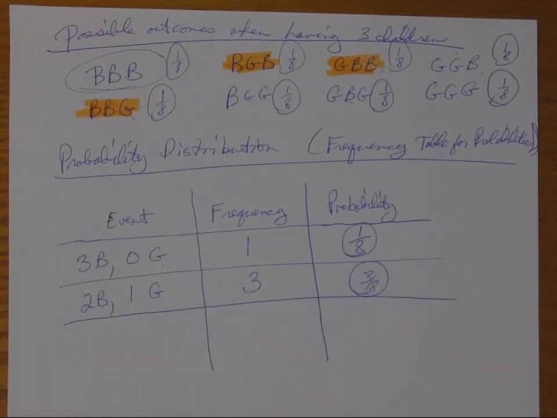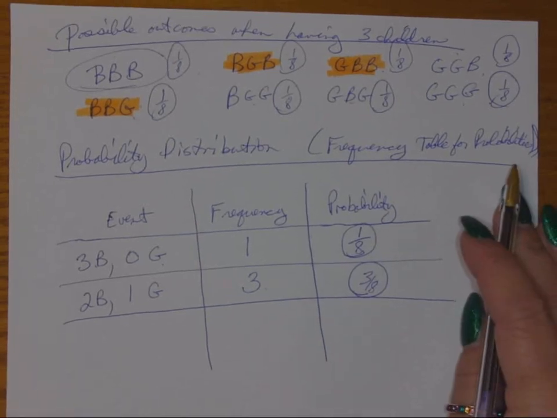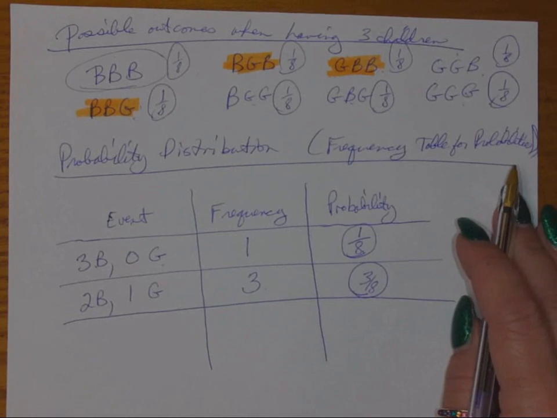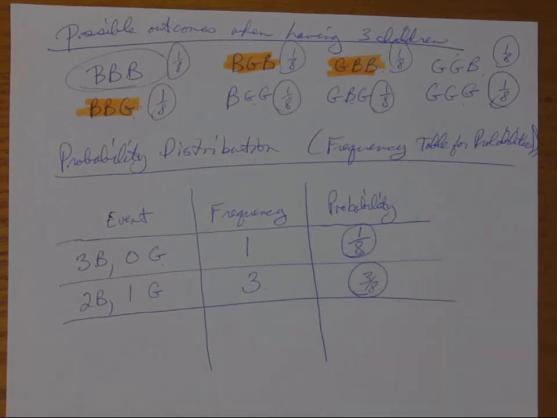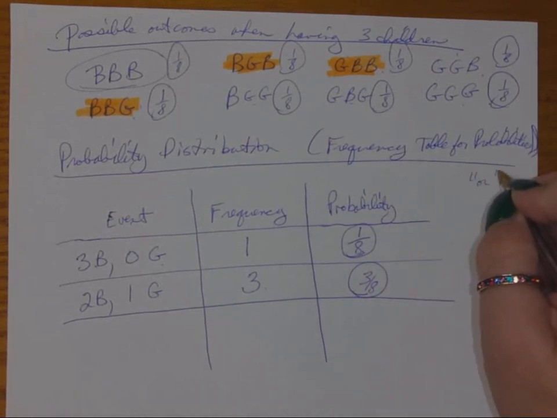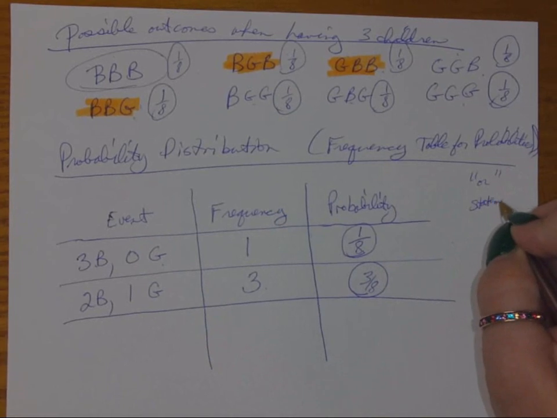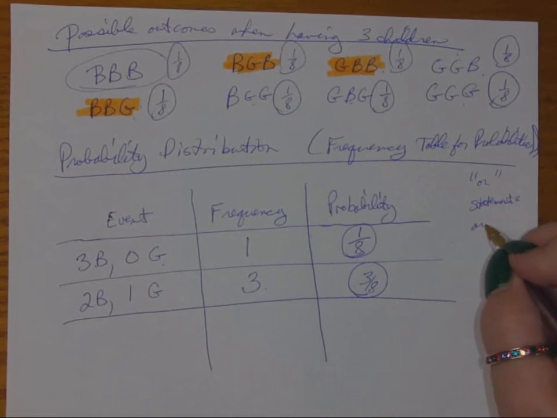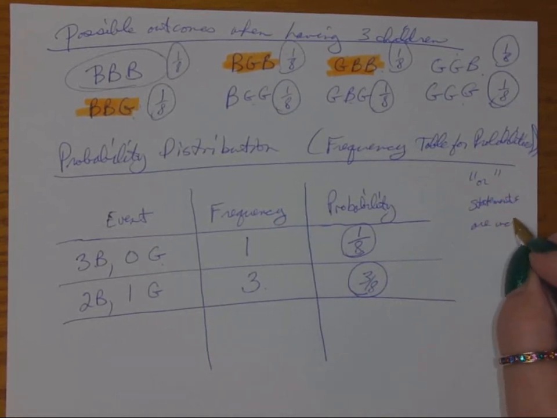So hopefully you'll see whenever I'm talking about something like this happening, this is an or statement. That's the way I think about it whenever I do these questions. In an or statement, they are all inclusive.